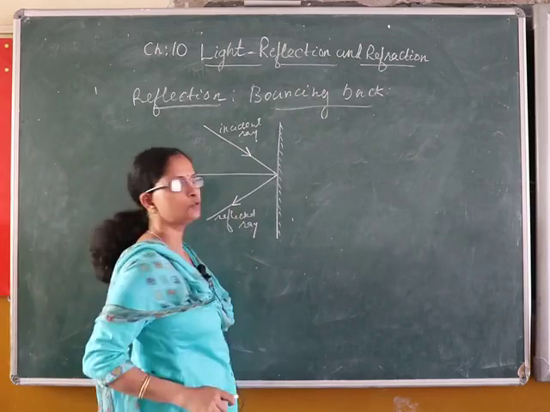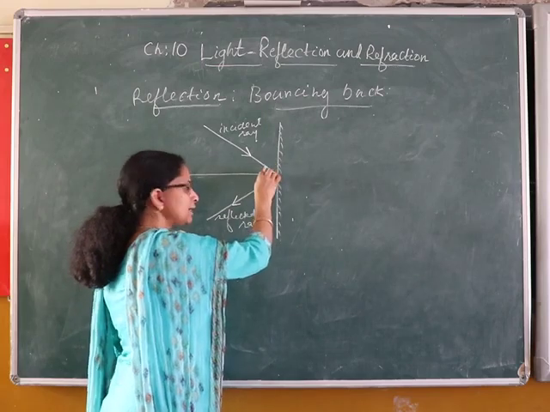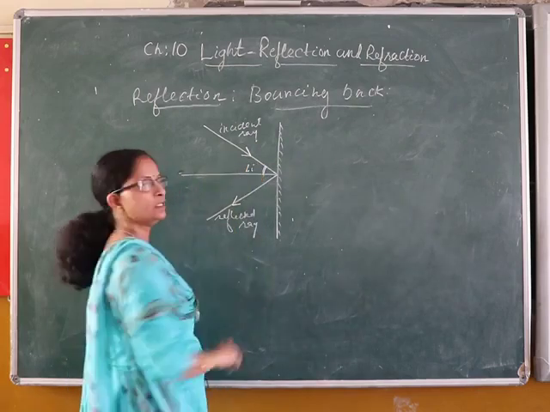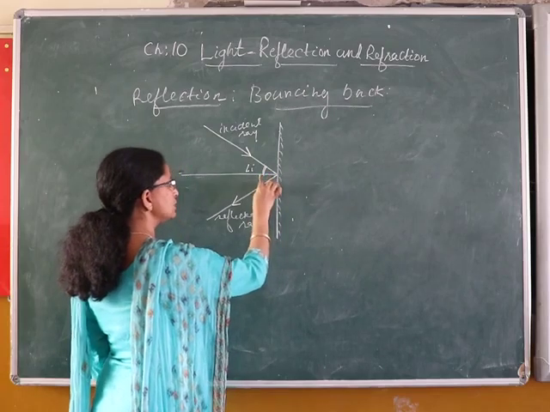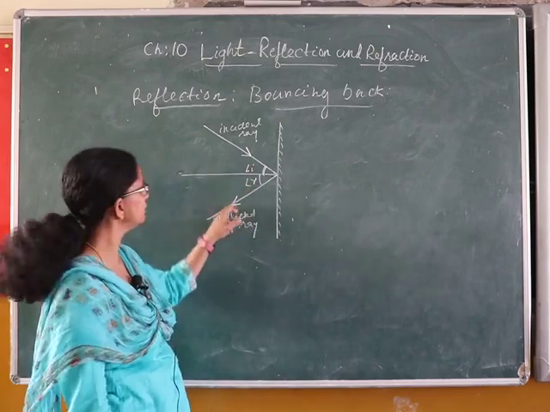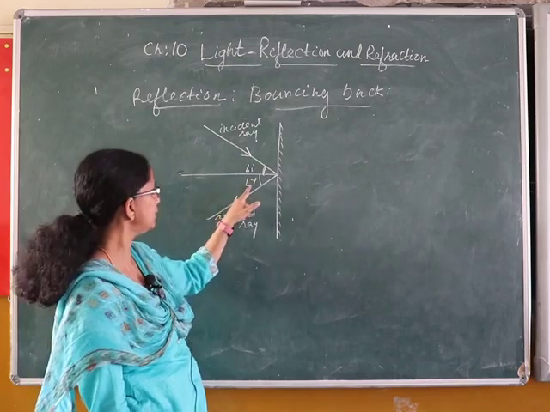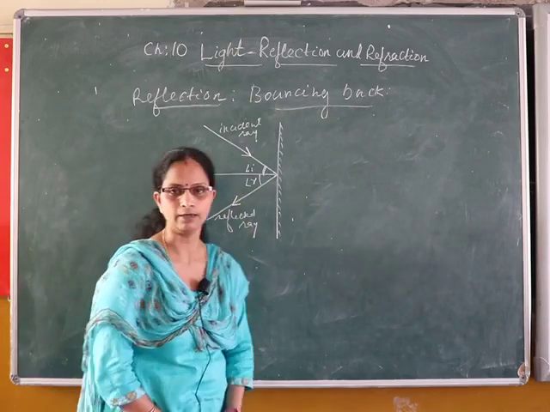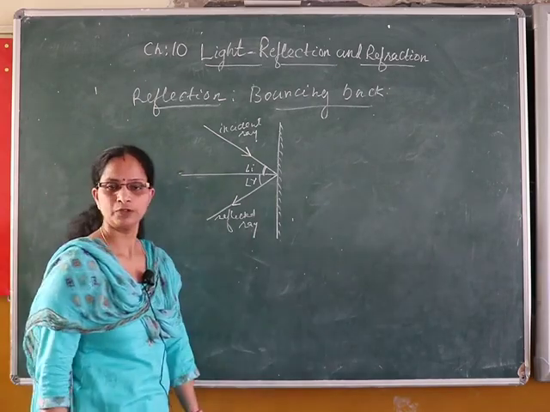Now we can see two angles formed. The angle formed by the incident ray and the normal is known as the angle of incidence, angle I, and the angle formed between the normal and the reflected ray is known as the angle of reflection, angle R. The perpendicular line is known as the normal.